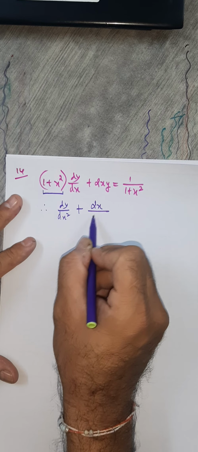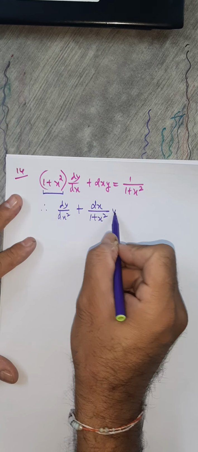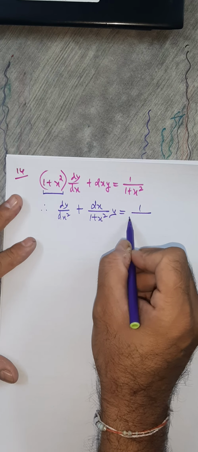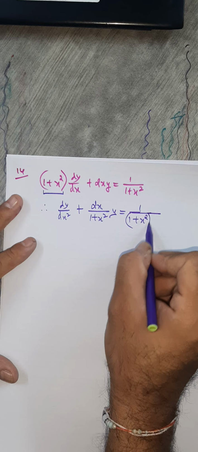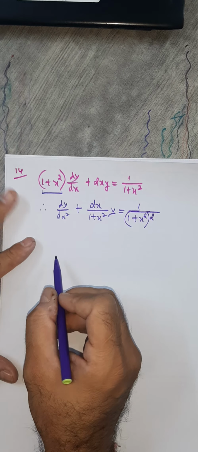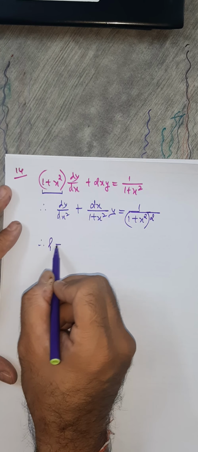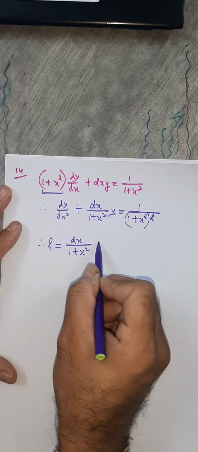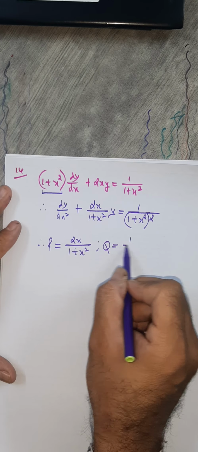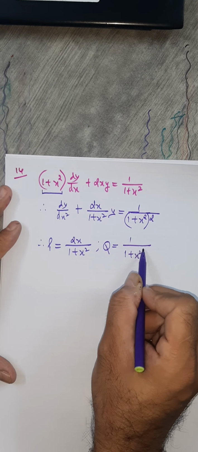So 2x upon 1 plus x squared into y equals to 1 upon 1 plus x squared, the whole square. You are dividing by this, remember. So therefore what is p? 2x upon 1 plus x squared. What is q? 1 upon 1 plus x squared, the whole square.